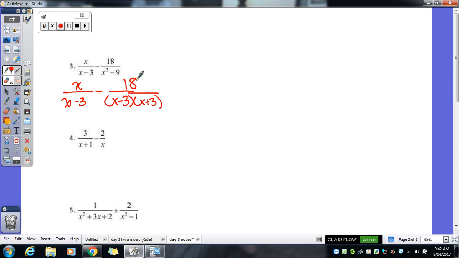And then what ends up happening is I can see both my denominators have that x minus 3, but what's that first one missing? x plus 3. So that's what I'm actually going to multiply times over here to get a common denominator. Our common denominator is going to be x minus 3 times x plus 3. Generally, when you factor out that 1, that ends up being your common denominator.